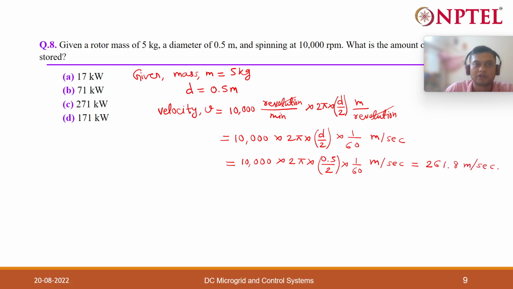Now we have to calculate the amount of energy stored. So what is the formula of kinetic energy? The energy is stored in the form of kinetic energy. So kinetic energy you can write as half m v square. Just put these values, you will get the answer. Was anyone able to solve this question?